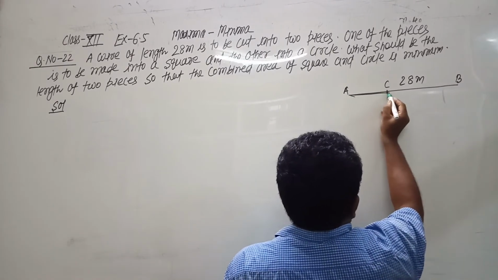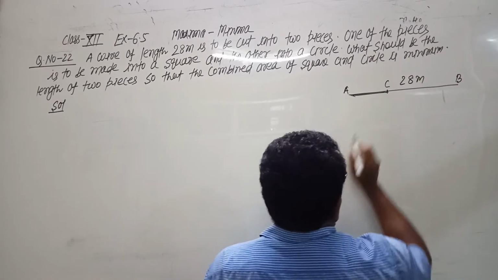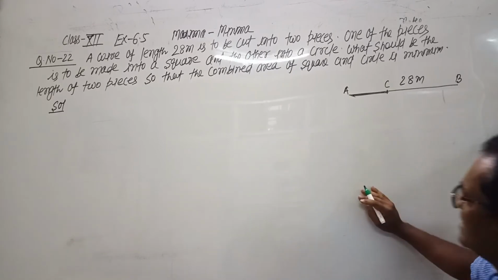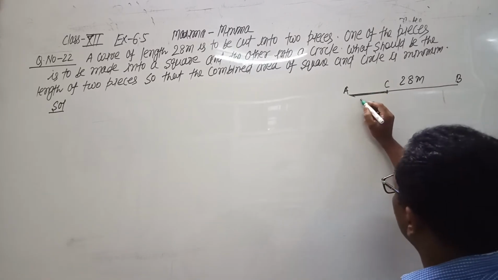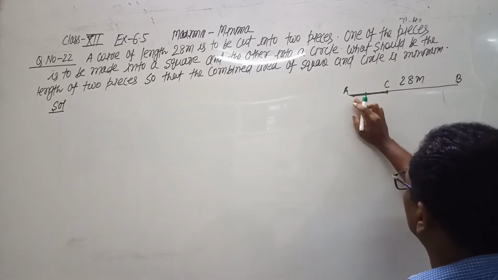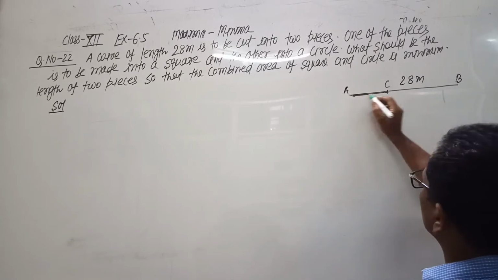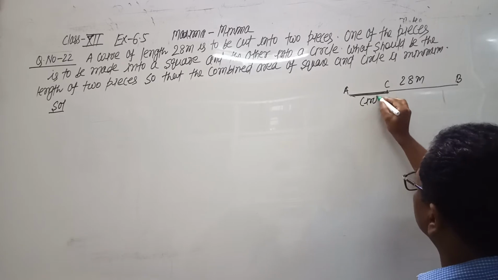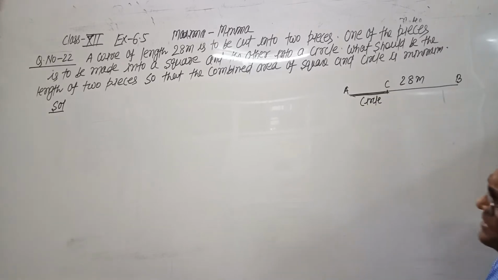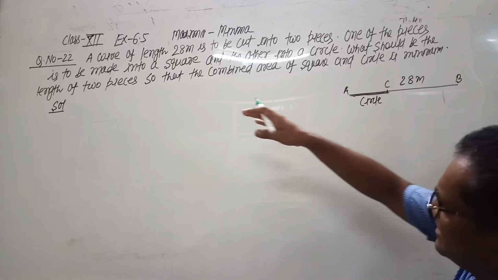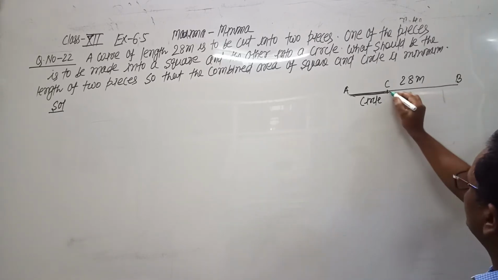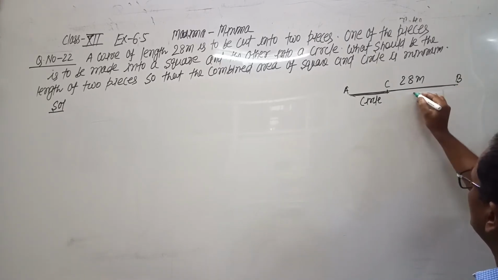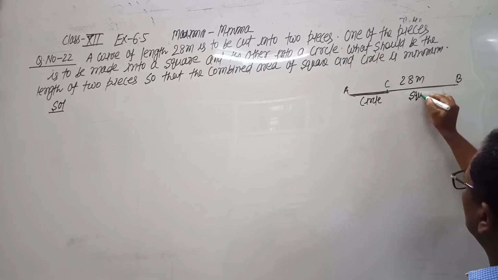Suppose from piece AC, we make a circle, and the other into a square. From part CB, we make a square.